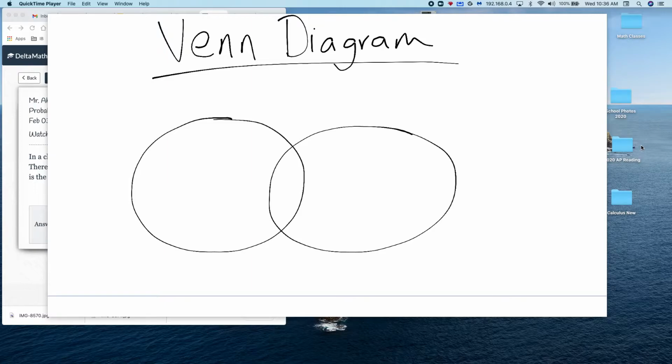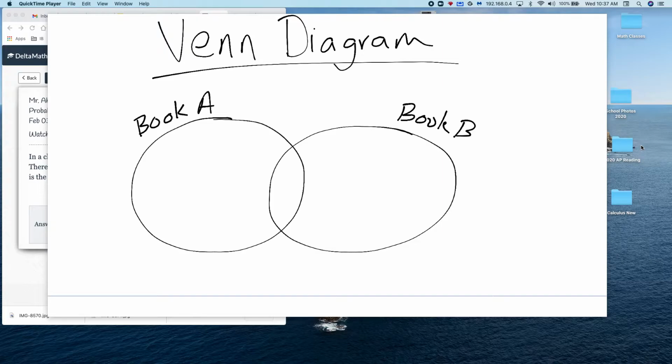So if you have book A and book B, one circle would represent book A, one circle would represent book B, and then the middle would represent them together.